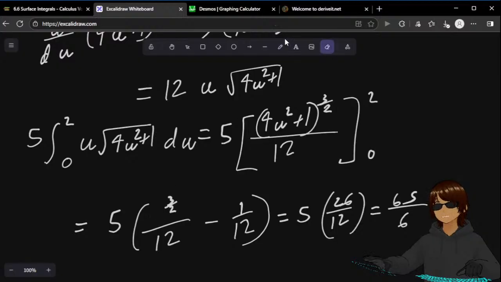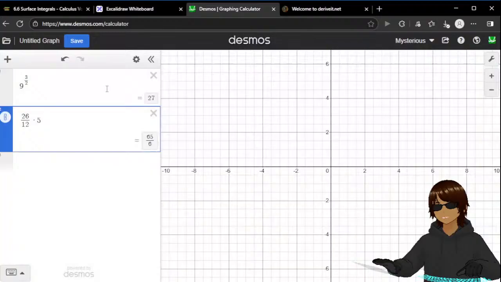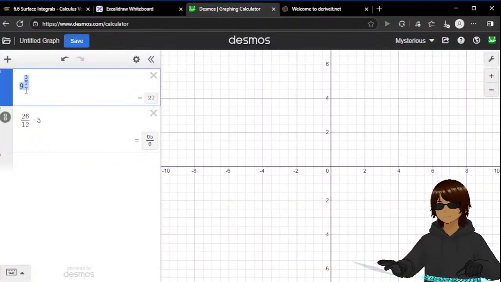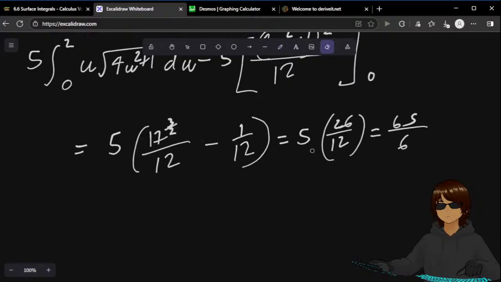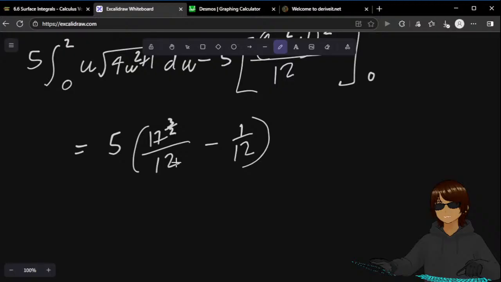Then why did I write 9? 17 cubed and then, okay, well, this is the final answer. Whatever this thing is.